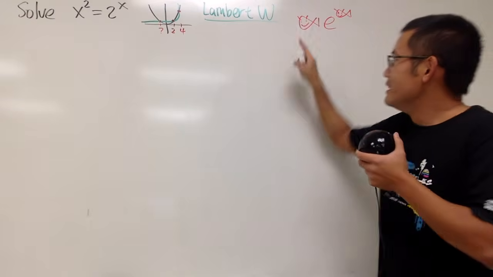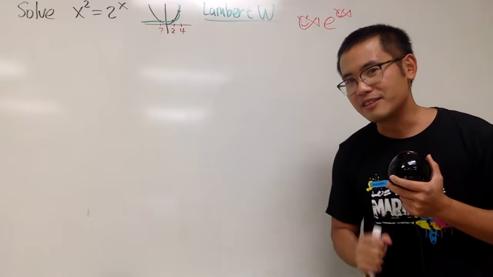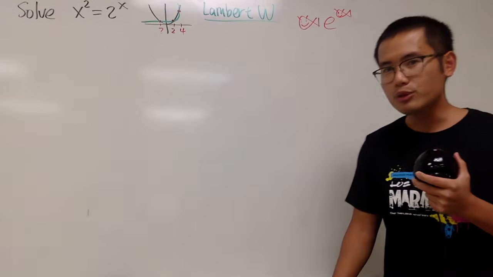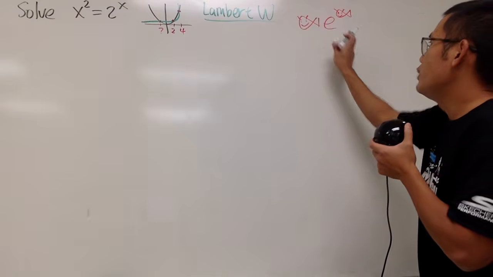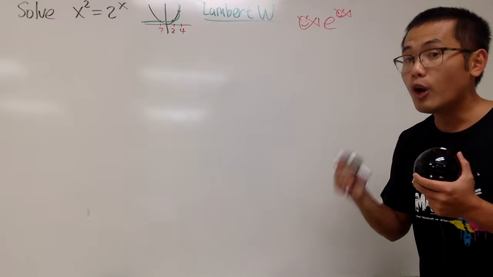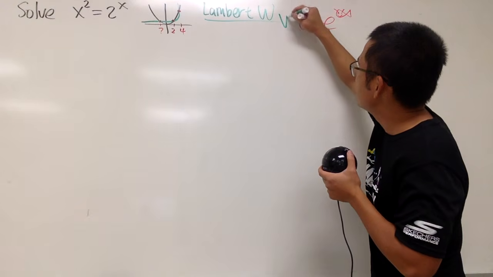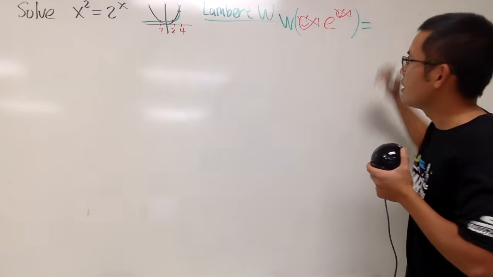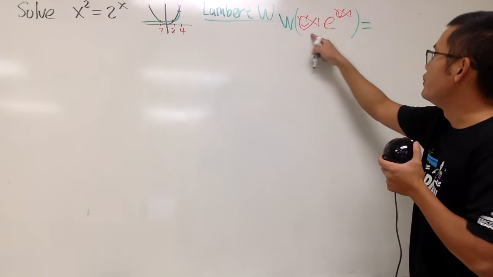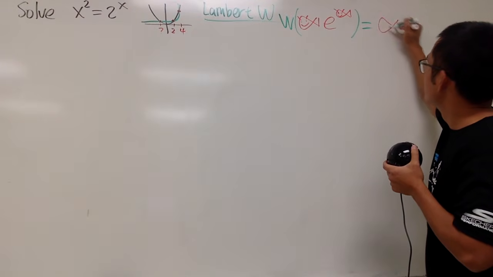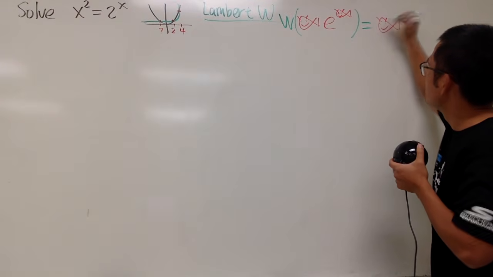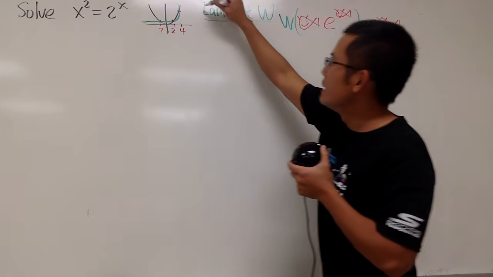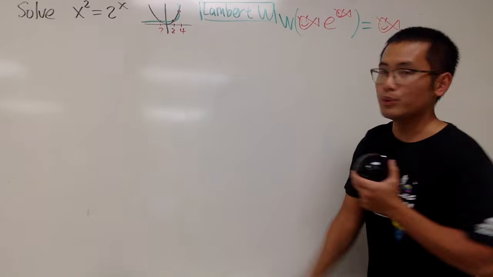Anyway, this fish and that fish, they have to be exactly the same. And the e, of course, needs no introduction. The idea is that if you have this expression in your equation, you can just take the Lambert W function, and this right here will give you the fish back. This is very, very nice, right?